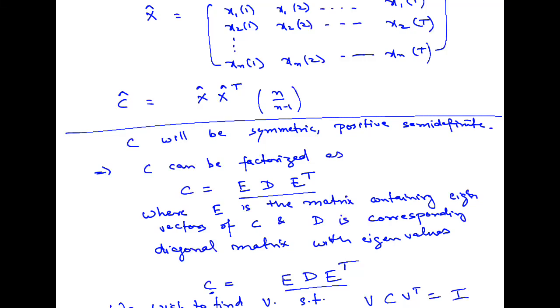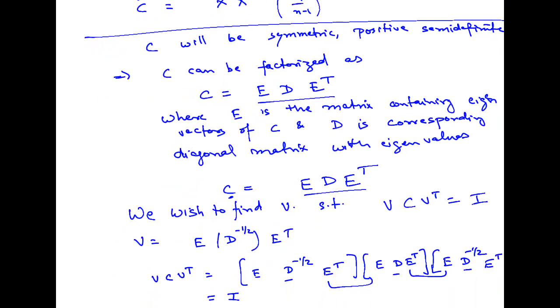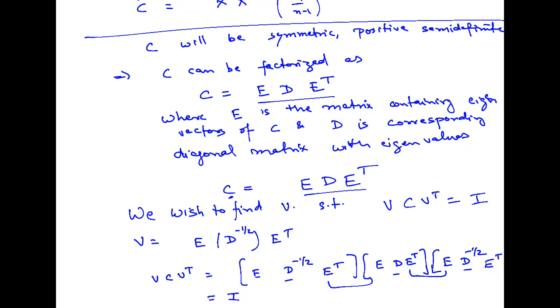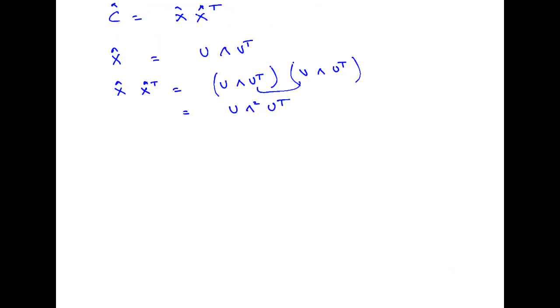So what is it giving me? If I factorize like this, what's my whitening matrix W? It is E D to the power minus 1 by 2 E transpose, right?